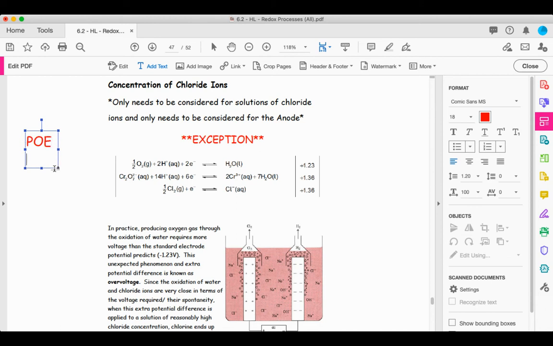And so this one is that when we have chloride solutions, we're going to have to consider something strange happening, an exception to our rule, and it's concentration dependent.